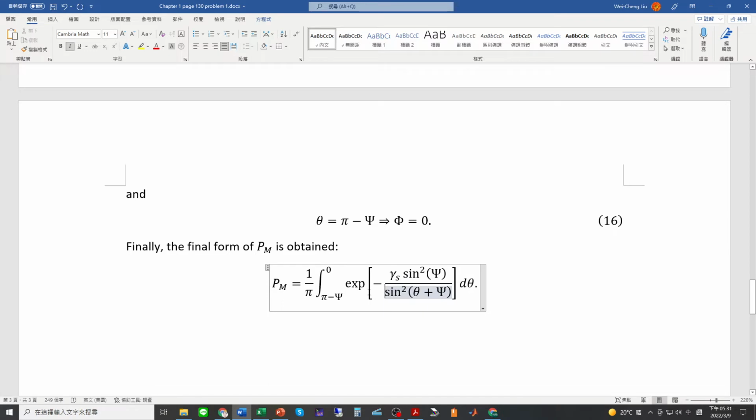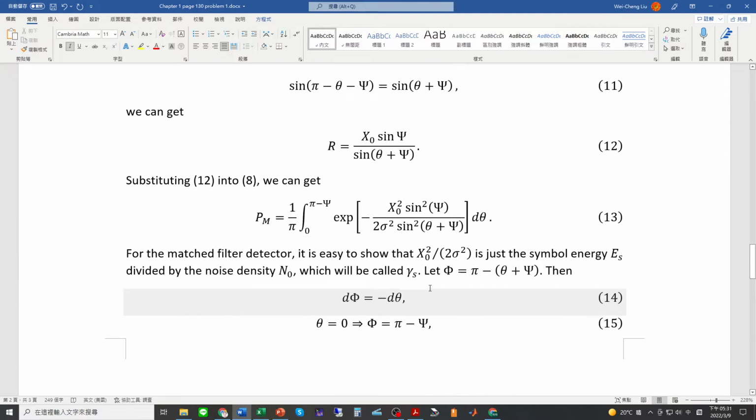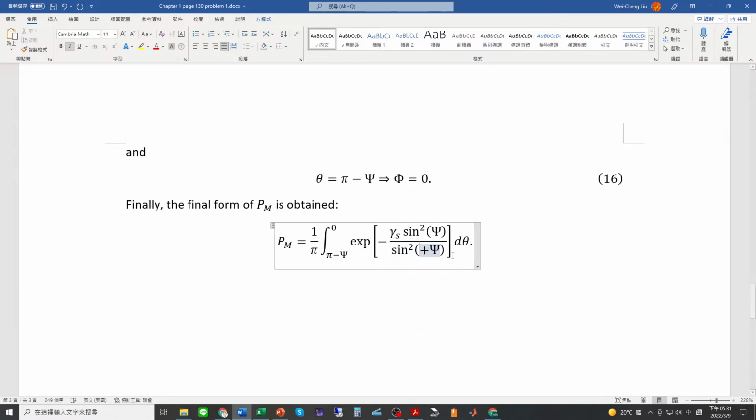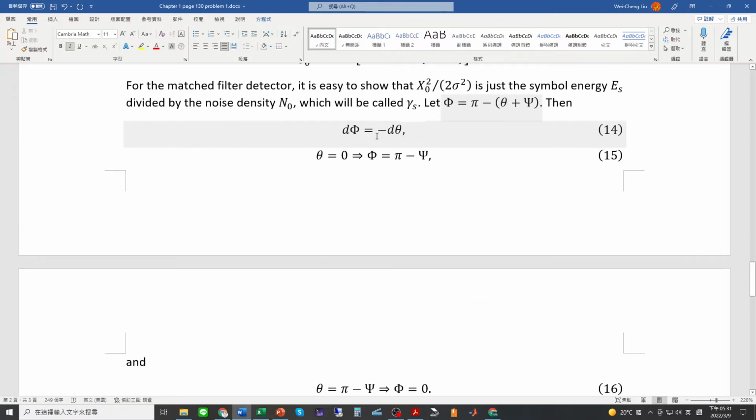Okay, like this. And theta plus psi is equal to pi minus phi, and d theta is equal to minus d phi.